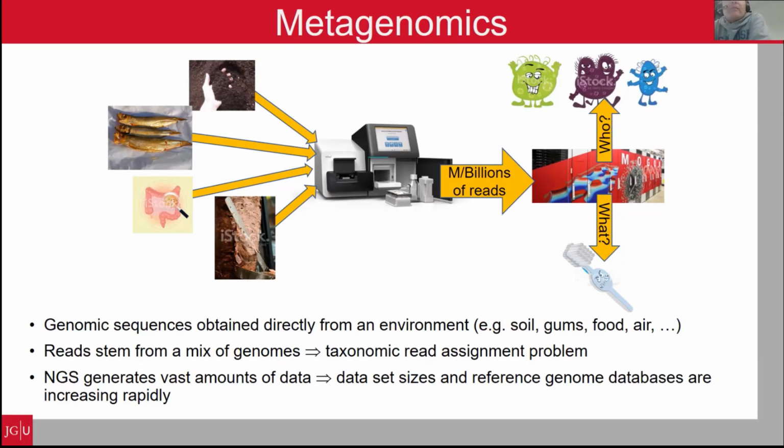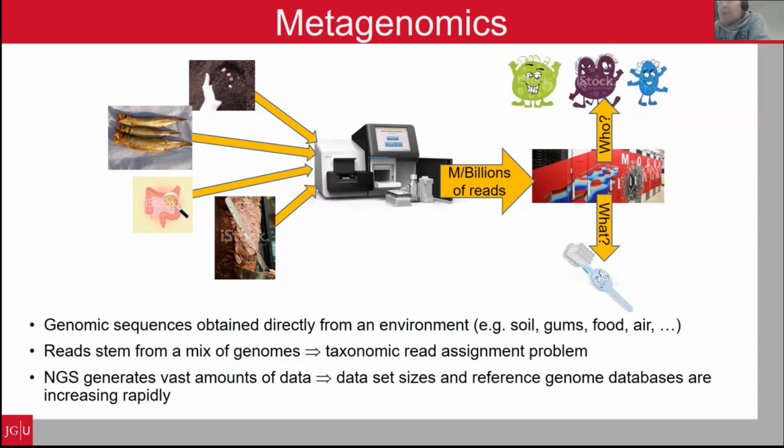And you now normally do not know which genomes are actually in your sample, and you actually want to find out what genomes and to what quantity these occur in your sample. So the reads that you get out of your sequencer do not stem only from a single genome like a human genome, but they come from a mix of different genomes which you do not really know beforehand. And this leads to the so-called taxonomic read assignment problem.